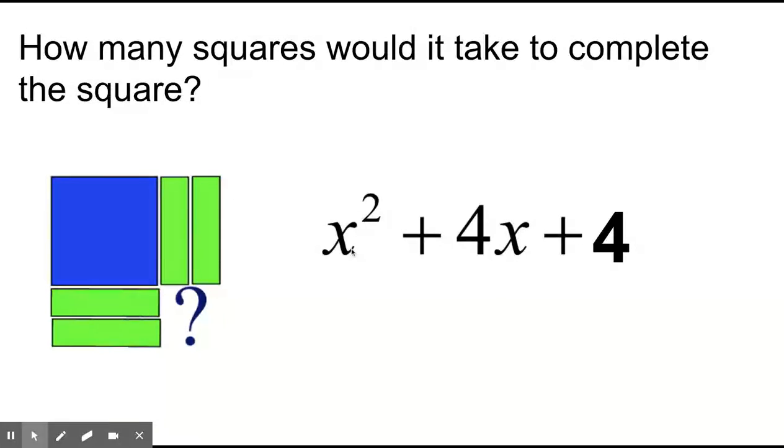So we have x squared, and then we have 4 x's, 1, 2, 3, 4. And if we added those individual little unit squares, we would get 4 of them in this corner, which is x squared plus 4x plus 4, okay? So this is called completing the square, right? We're figuring out how many single unit squares we would need to complete the image. And in this case, we would need 4.